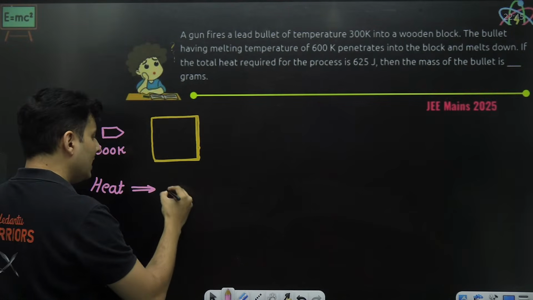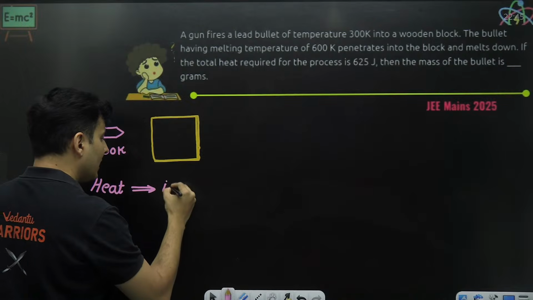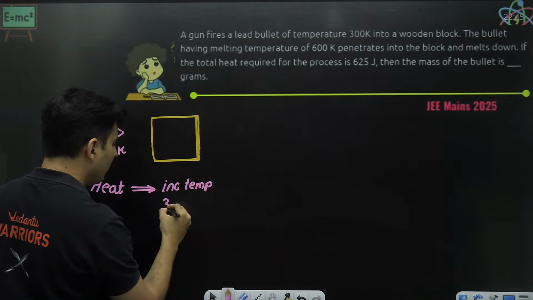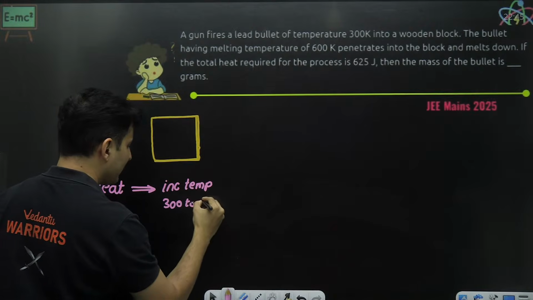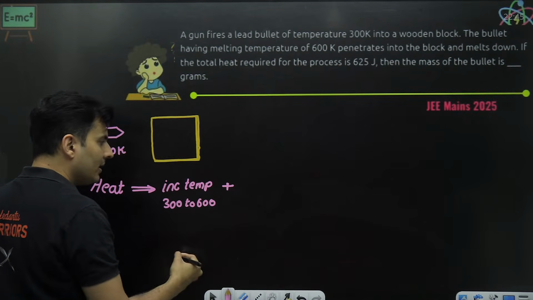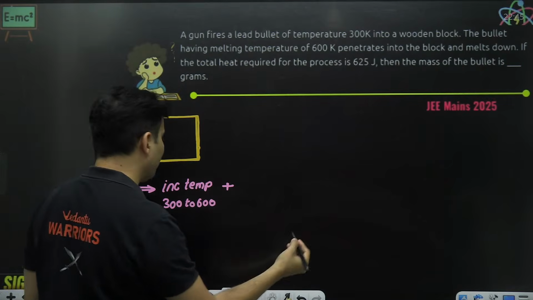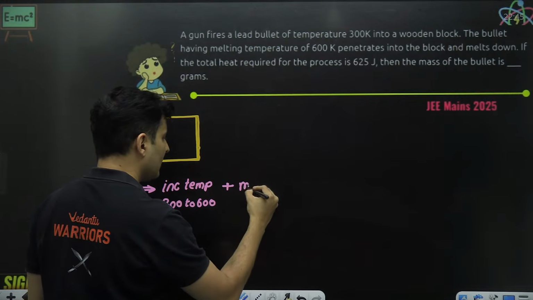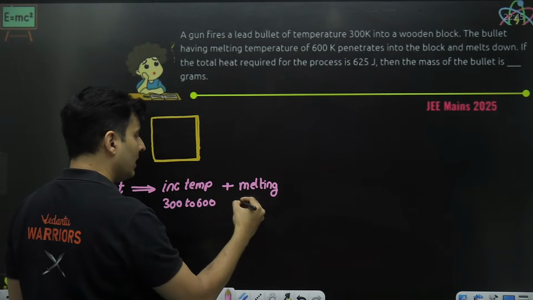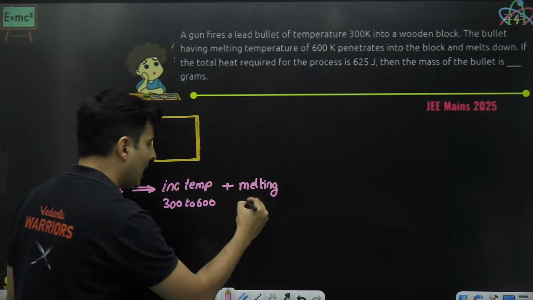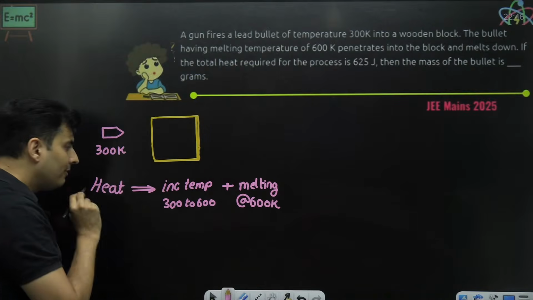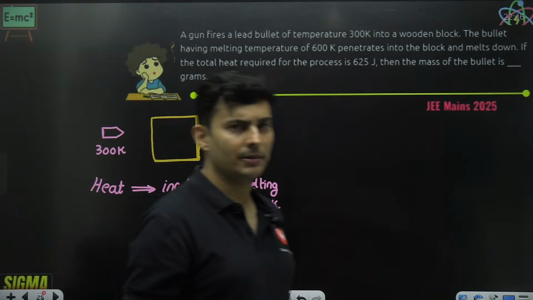So that heat will go in increasing the temperature from 300 to 600. Once it reaches the melting point, the remaining heat goes into melting it into the liquid at 600 Kelvin. That is my fundamental understanding of the question.